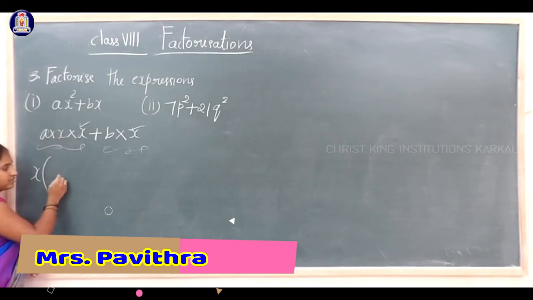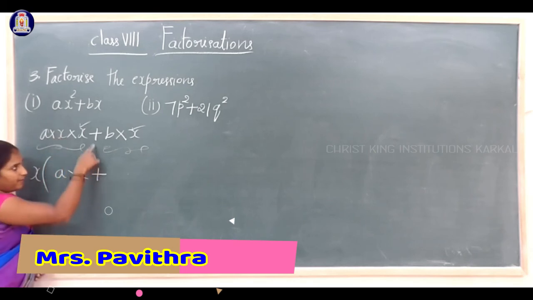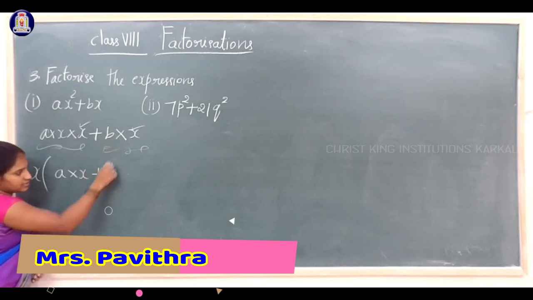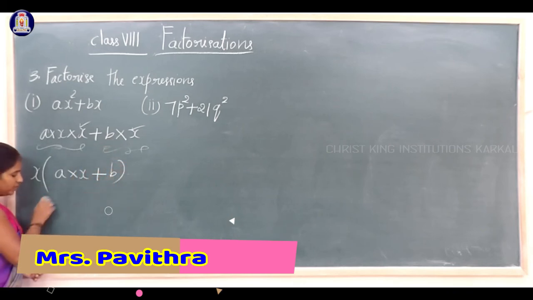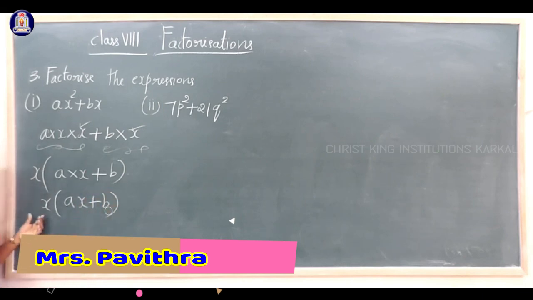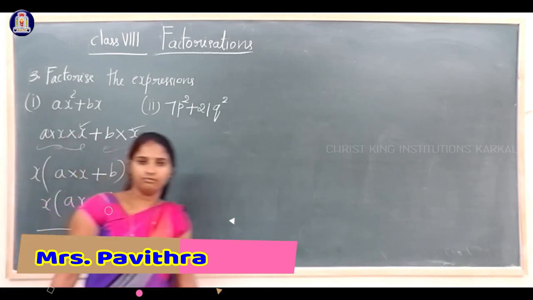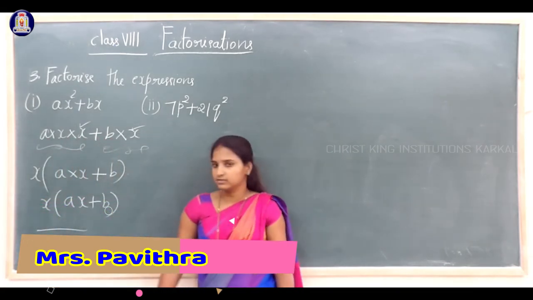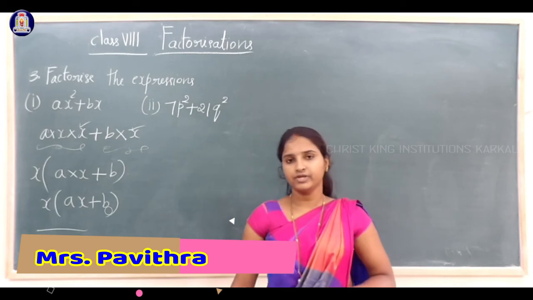The remaining numbers are a into x plus, in this b is remaining. So now x into (ax plus b). One factor is x, another factor is ax plus b. So there are two factors. Just take the common factor and factorize.